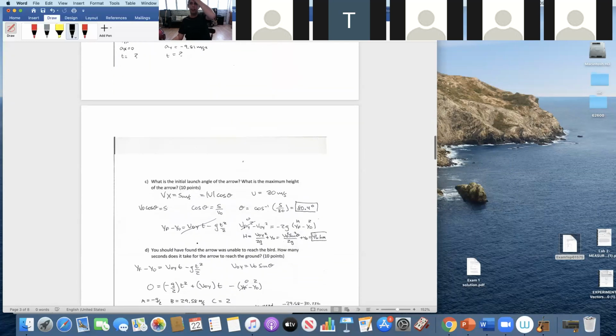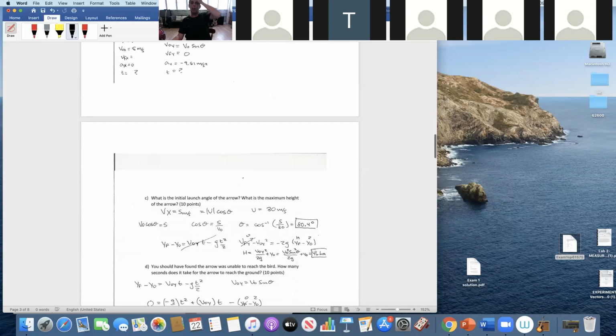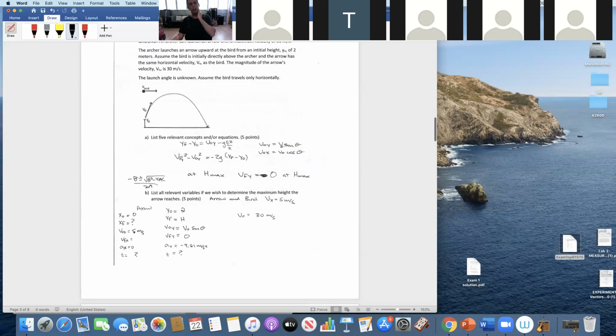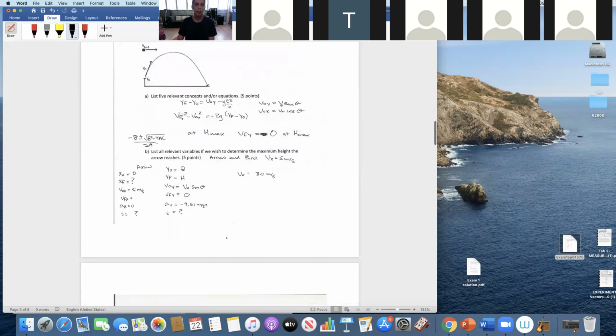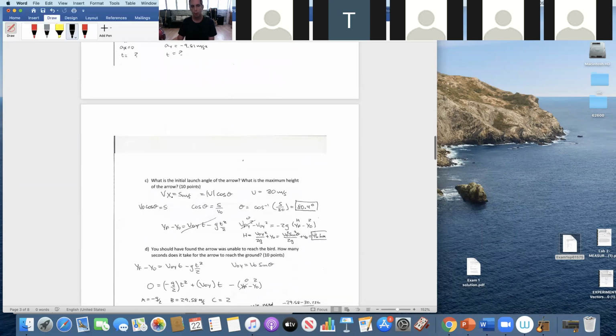So what's the initial angle? Well, if you're told that V naught of X is 5, you know that's V naught cos theta, and you know that V naught is 30. So you can find the angle from this. Taking the arc cosine, you get that it's about 80.5 degrees, 80.4 degrees.